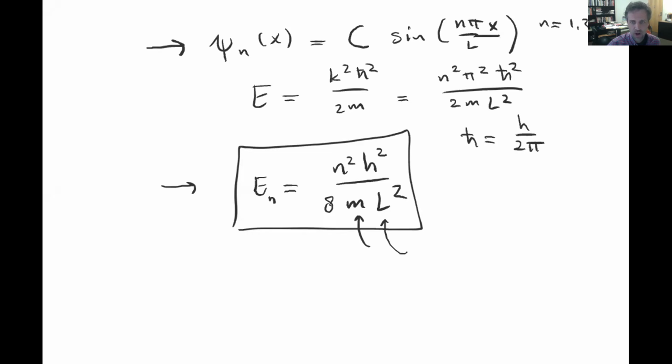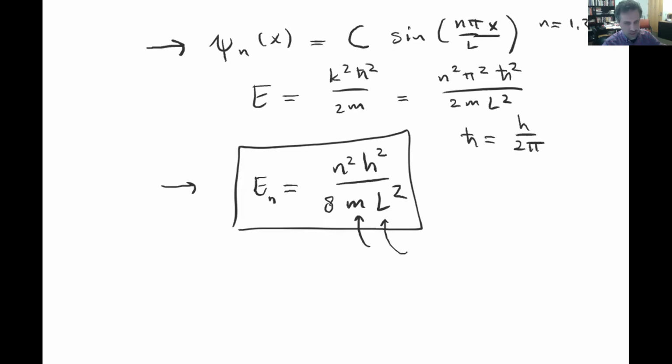If I have a heavy object, then the separation between quantum mechanical states is negligible and it behaves like a classical object. If it's very light, like an electron, then the separation is substantial and it has a lot of quantum mechanical character. So these two notions, the mass of the particle and the length of space in which it is confined, are very important ingredients that define the quantum character of the particle that I'm looking at.